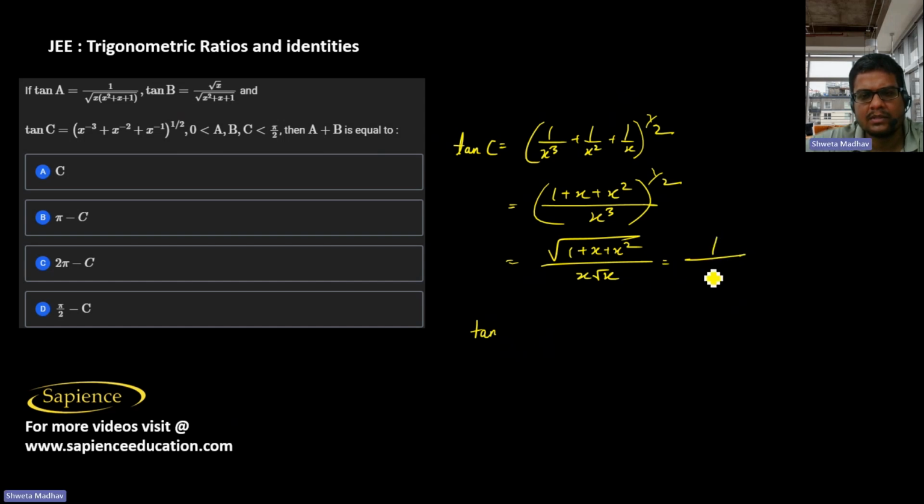This you can write as 1 by x root x by root over (1 plus x square).